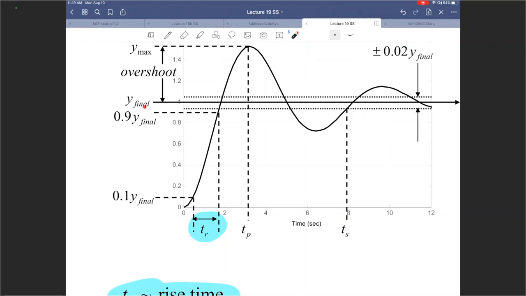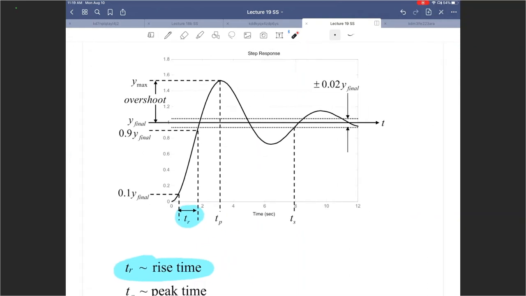So it starts at 0. How much time does it take to go from 10% to 90%? That's called rise time, and we'll see how we can derive that in just a bit.